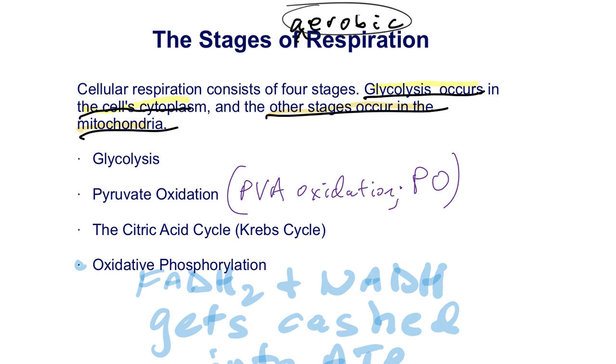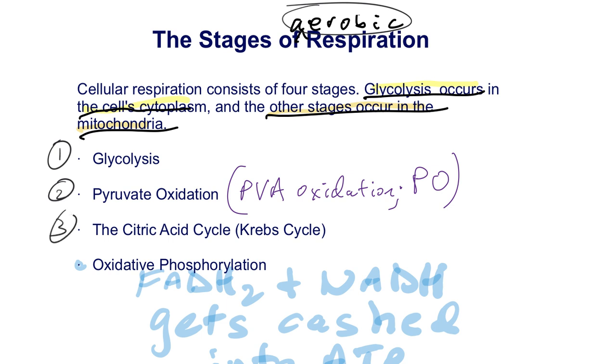It happens in 4 stages, and we're going to talk a little bit about each one of these stages. Glycolysis, where glucose is broken down in half and some energy molecules are charged up. Pyruvate oxidation, talk about that coming up.